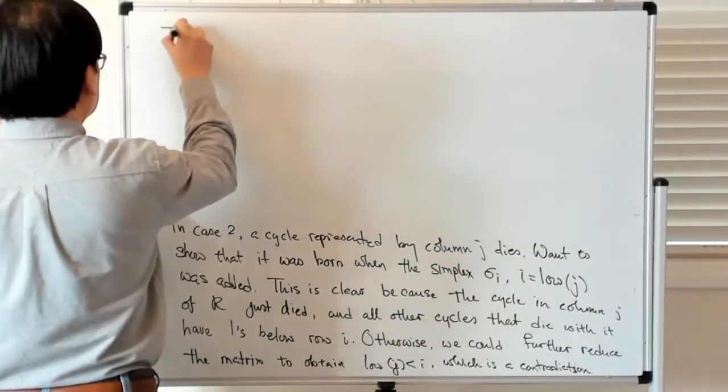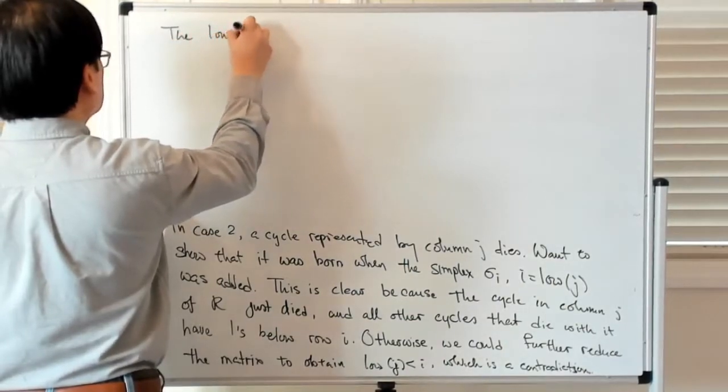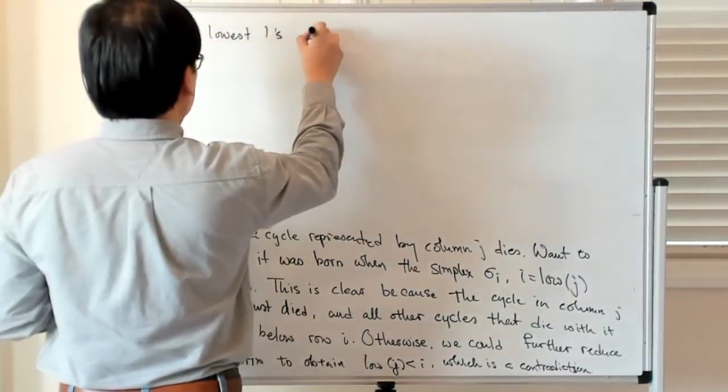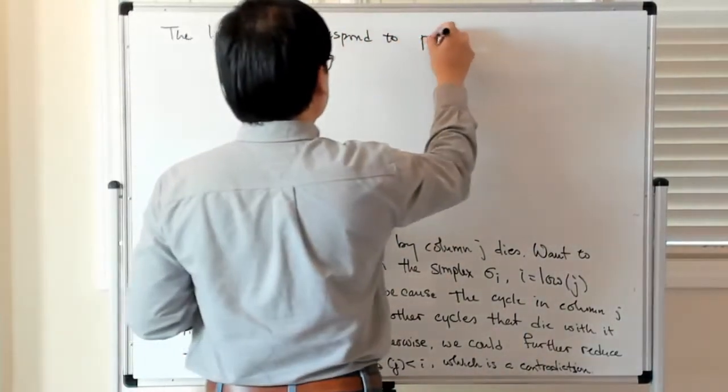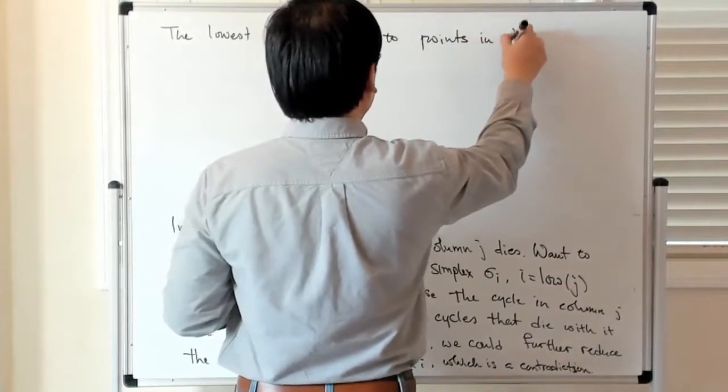The lowest ones correspond to points in the persistence diagram.